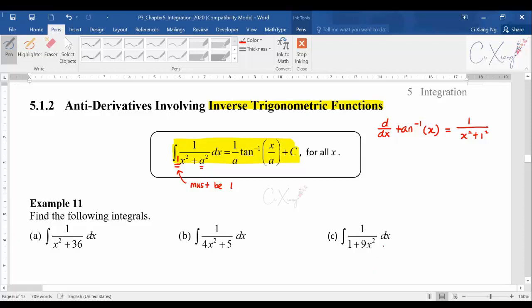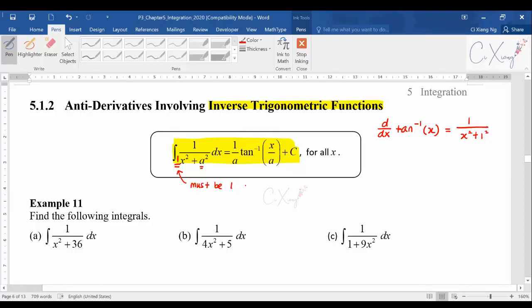Of course, there are some other ways also, but if I want to make it easier for you to understand or apply the rules, then I should tell you that the coefficient should be a 1. Then it will be much easier for you to apply the rule. So you have to always remember this, because the formula here actually shows that in front of x squared, there's nothing else. It must be a 1. They didn't write it as a x squared or whatsoever, they only write it as x squared. So it must be a 1 for you to apply the rules here.